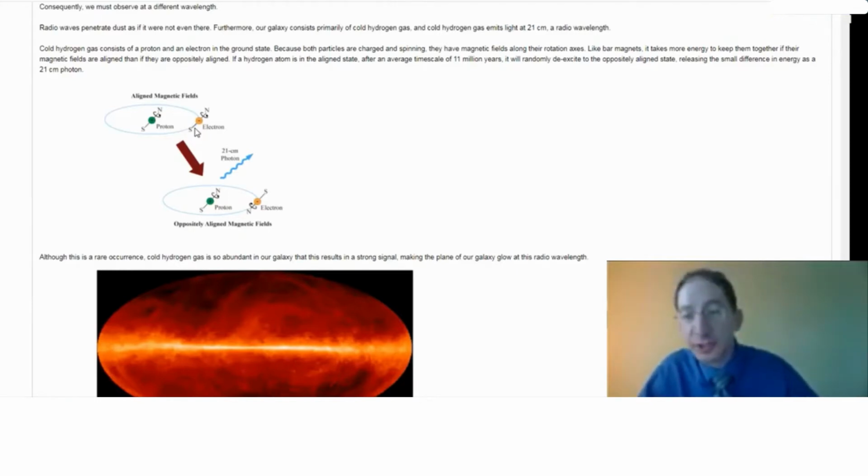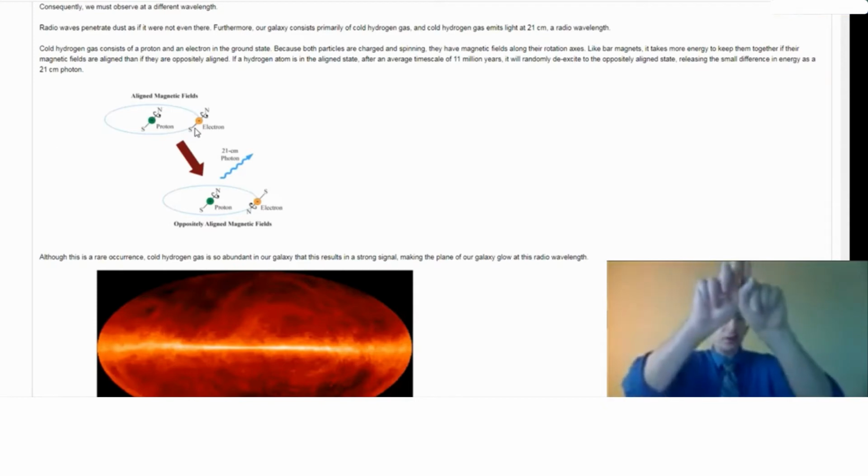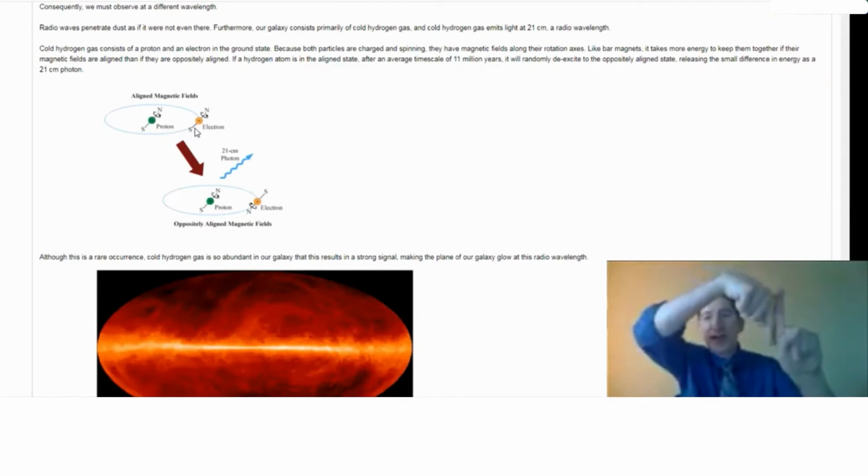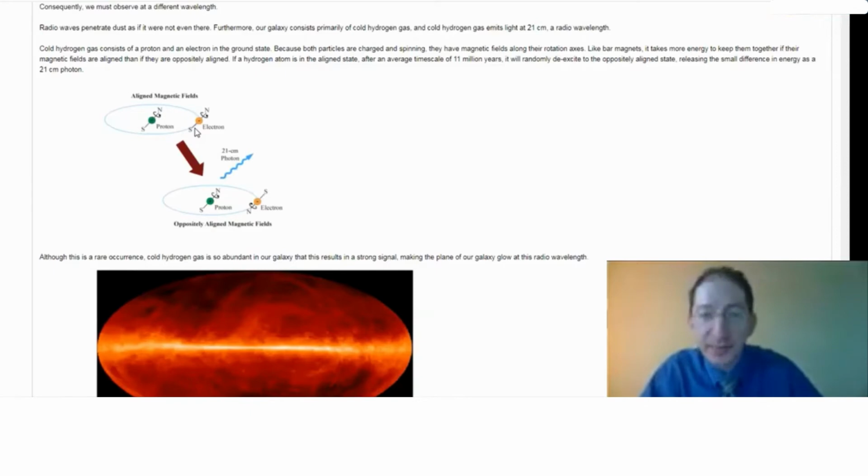We call that collisional excitation. Then, after a random long amount of time, the electron will automatically transition back down to the lower energy state, releasing the difference in energy. It's a small difference in energy corresponding to a 21 centimeter photon. And that's where the emission line comes from.